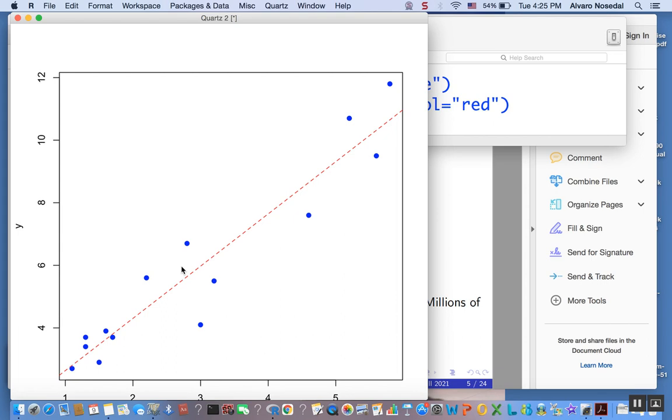Again, we're going to be making a residual plot and checking whether or not the independence assumption is a reasonable assumption.